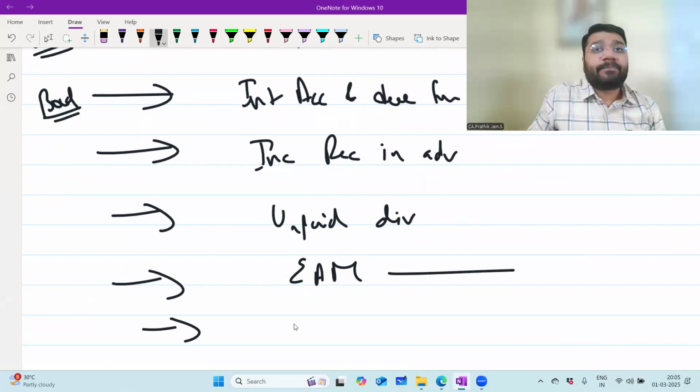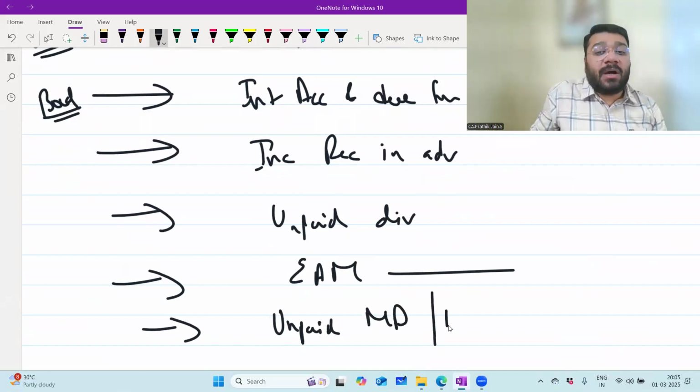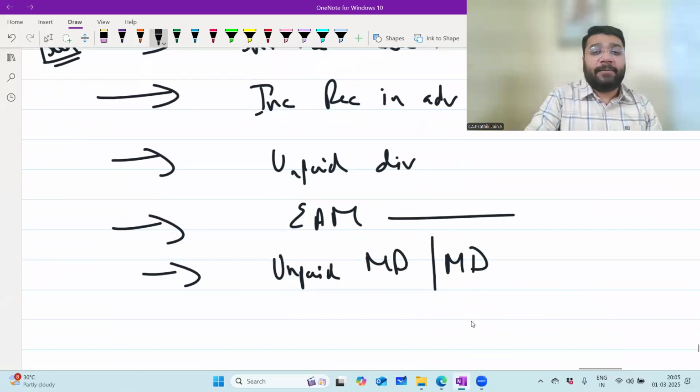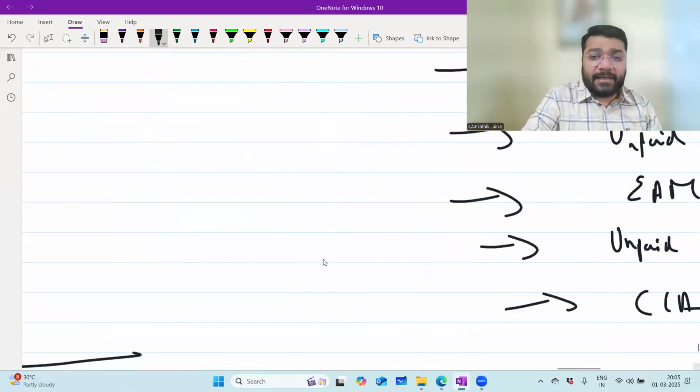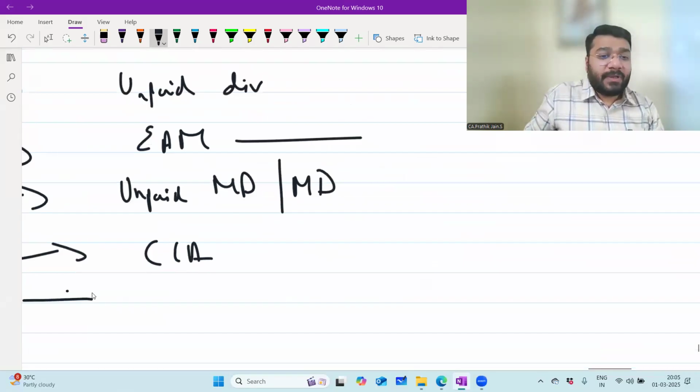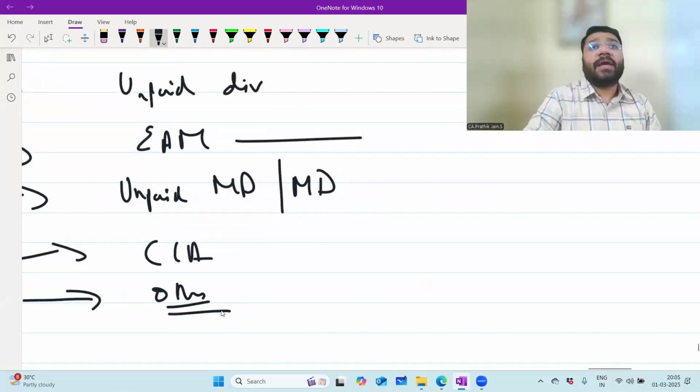Then unpaid matured debentures or unpaid matured deposits. Then calls in advance, and then other category.